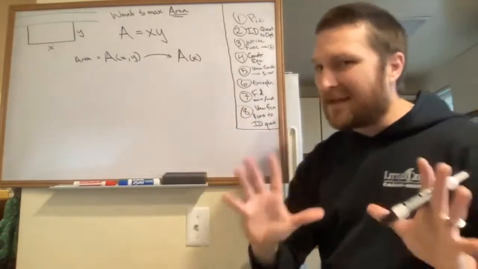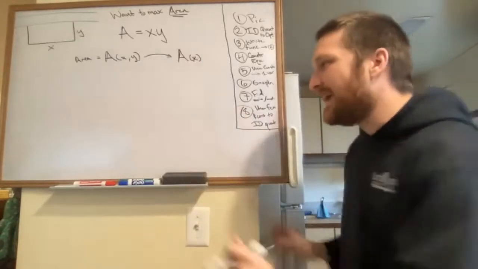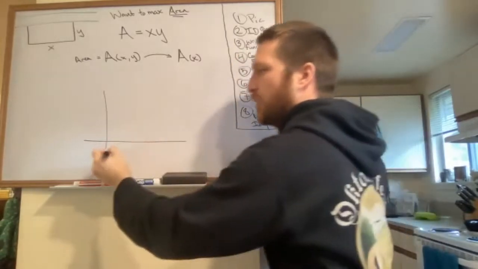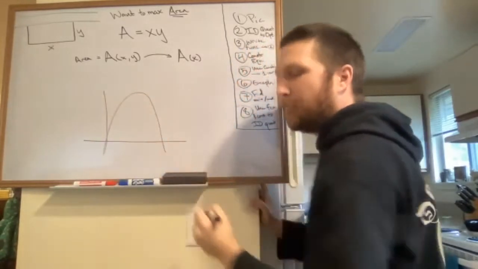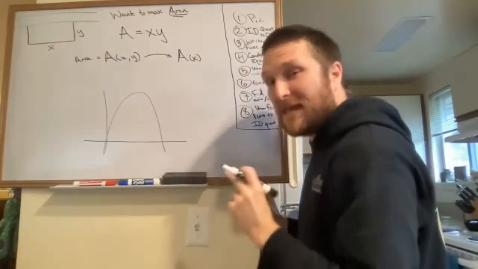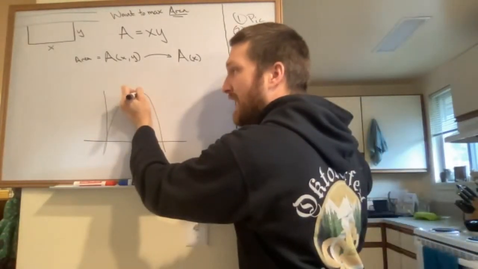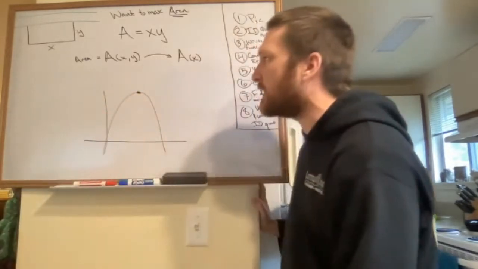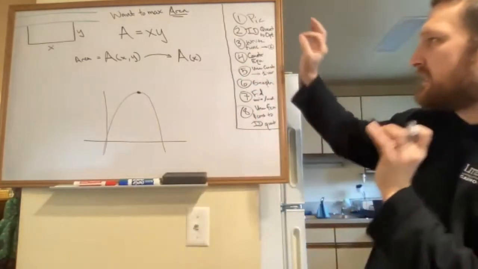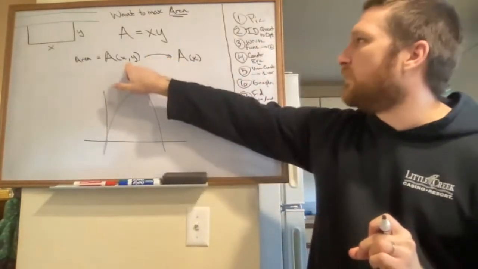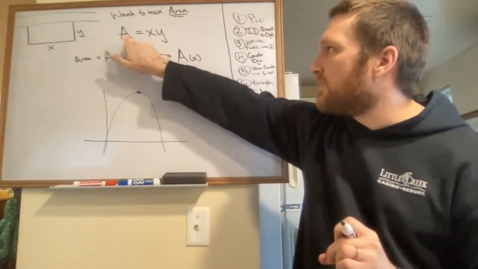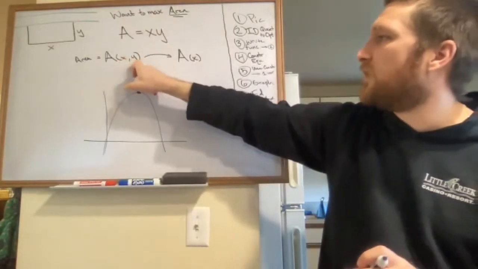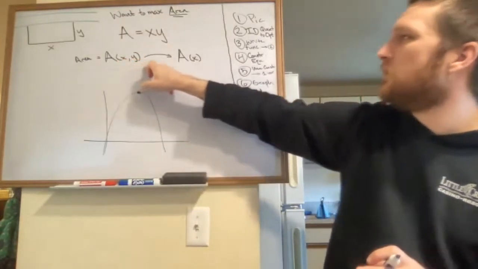We're hoping we'll have a function where area is the output, and it's going to be like a parabola, and then we'll be able to find a max, because we know how to find the max of a parabola: it's at the vertex. So we have an output with two inputs, and maybe somehow we could turn our function of two inputs into a function of one input.